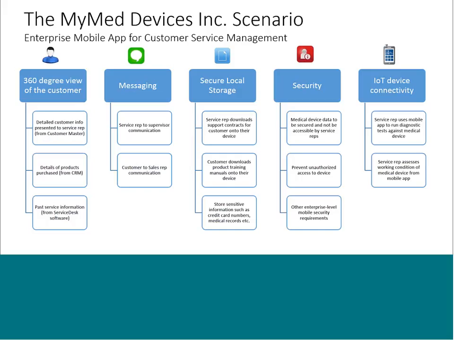Messaging: the ability to communicate with a supervisor from on-site, and the ability for a customer to talk to a sales rep from wherever they are, saying, hey, I have this problem, can you take a look at this? Secure local storage, we talked about this earlier: the ability for the service rep to download support contracts onto their device, and for the customer to download product training manuals onto their device, storing sensitive information because we are talking about maybe credit card information.